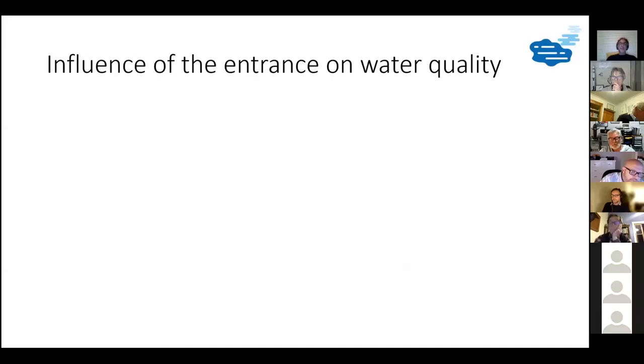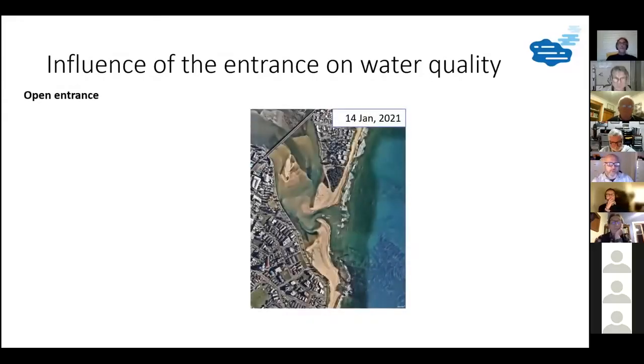We were able to have a look at the water quality dynamics during the periods when the entrance was well and truly open, so tidal exchange was good, and compare it with times when the entrance was effectively closed, such as from mid 2018 to the flood in early 2020.